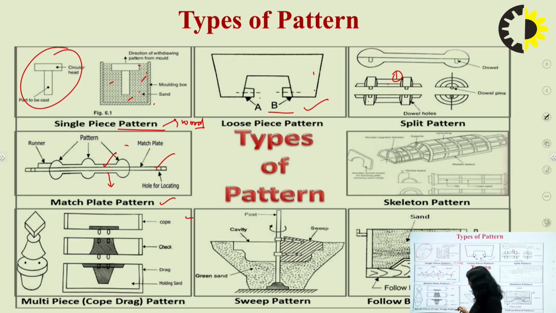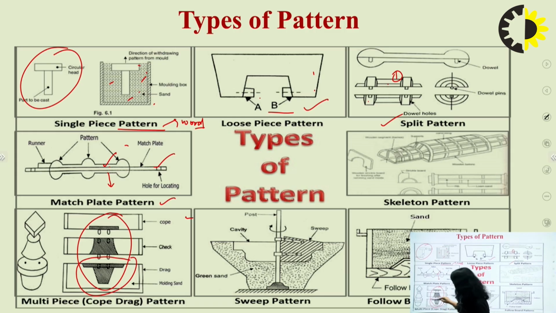Then we have the multi-piece pattern. Multi-piece pattern is basically used where we have more complicated shapes which are not possible with the help of the split pattern. For example, you can see here if we want to make it with the help of two boxes, two flasks, it will create the cavity easily.